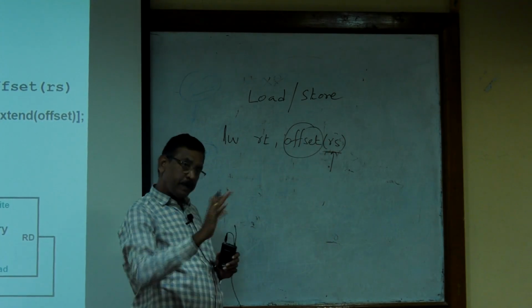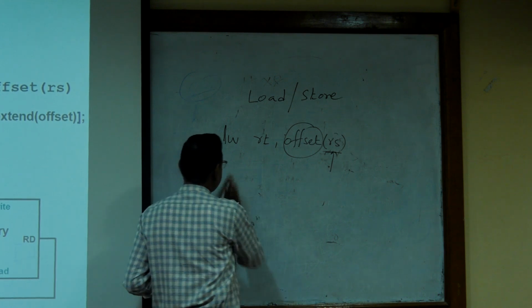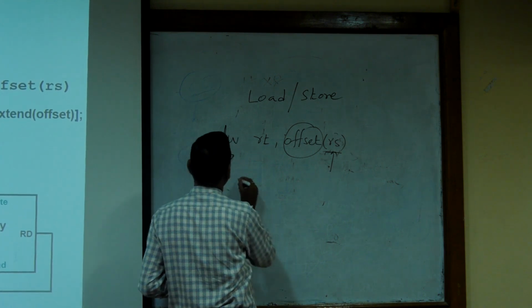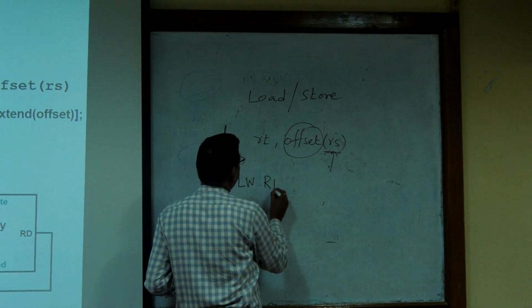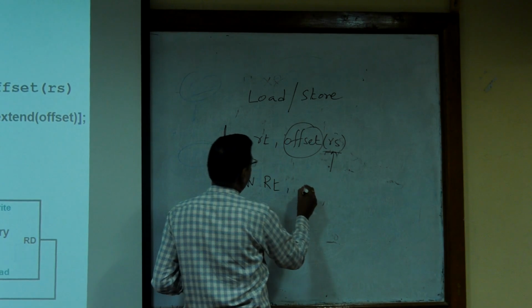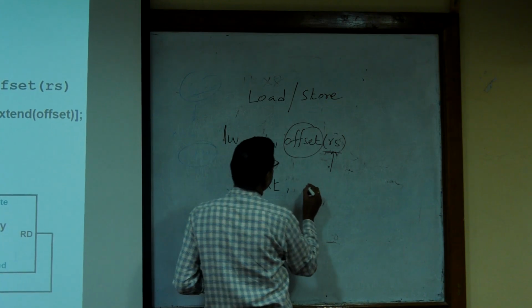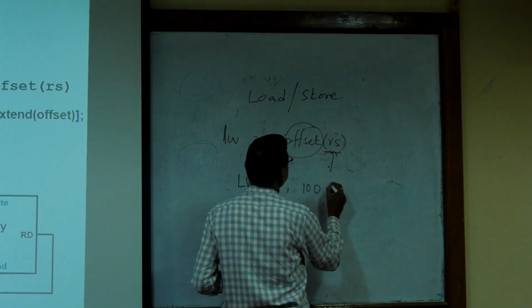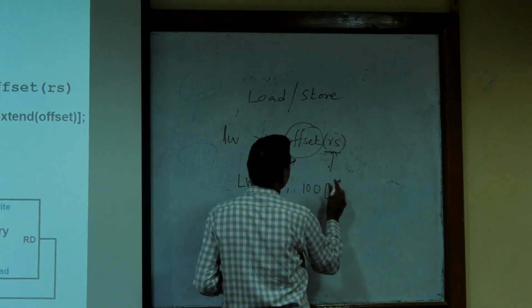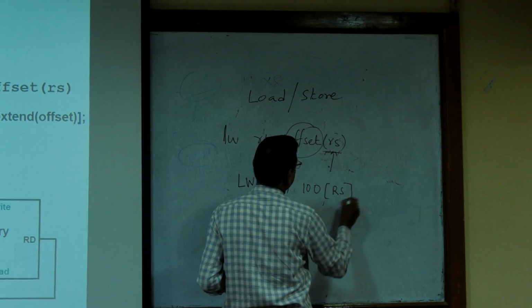Offset means displacement address. I will give an example so you can understand. lw rt, with an offset of let us say 100, from rs.